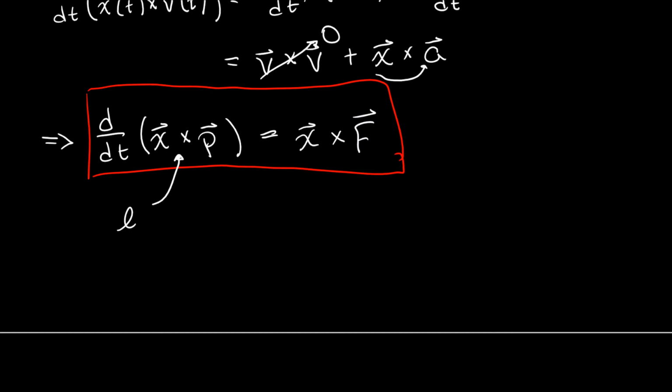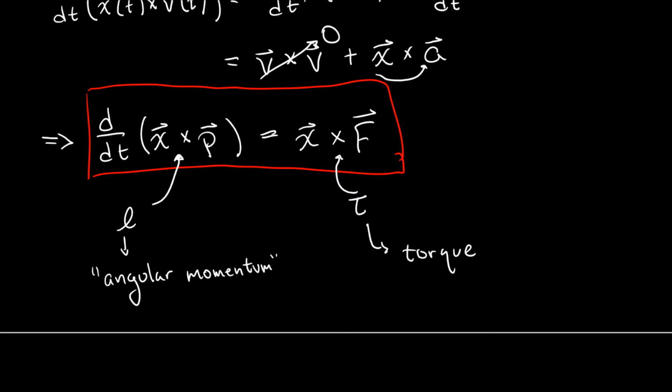It doesn't have to be a 1 component object. And same over here, I'm going to give the name tau. This we call angular momentum. And this we call the torque.